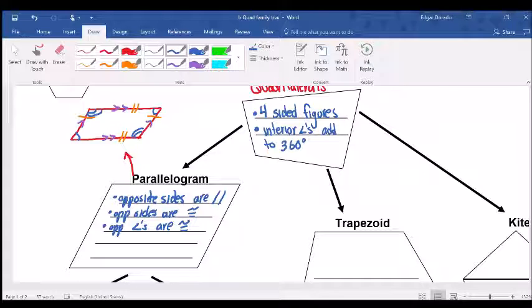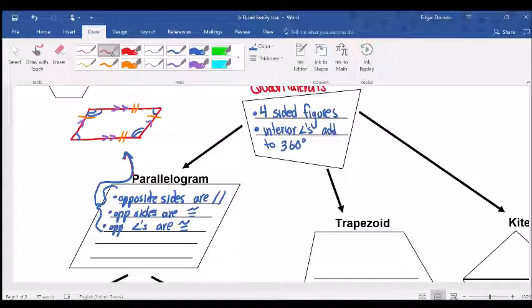Okay, so these first three characteristics here can be seen in this parallelogram right here. Okay, there are two other characteristics that parallelograms have, and I'm going to draw those in separate parallelograms here.